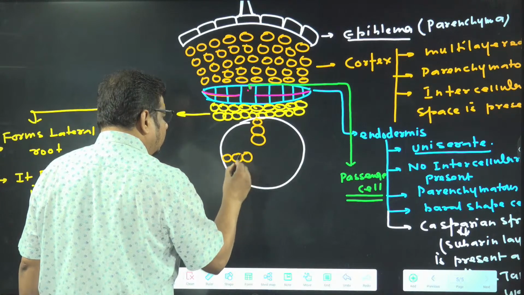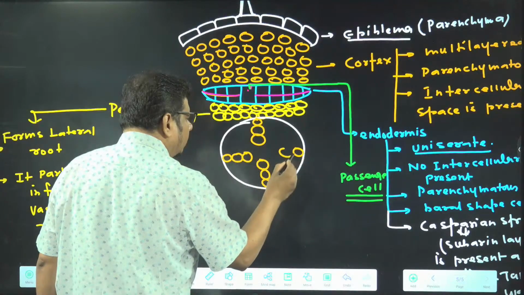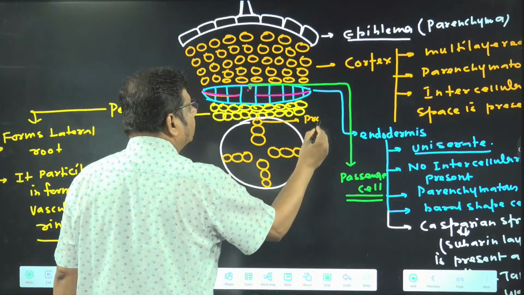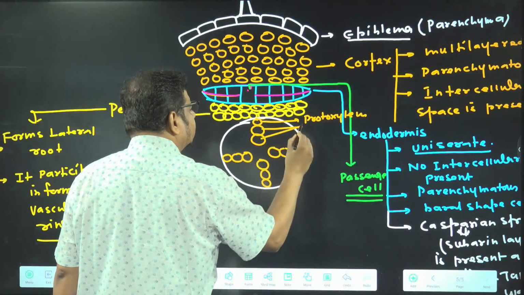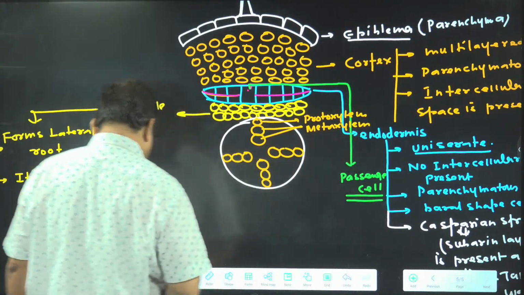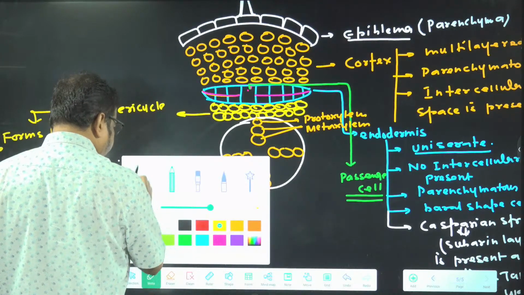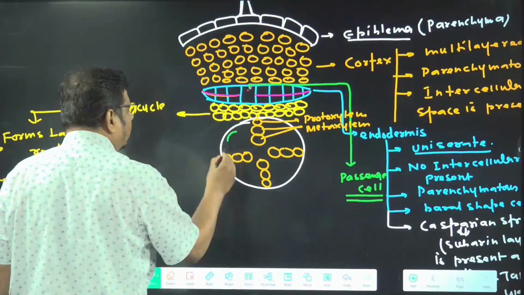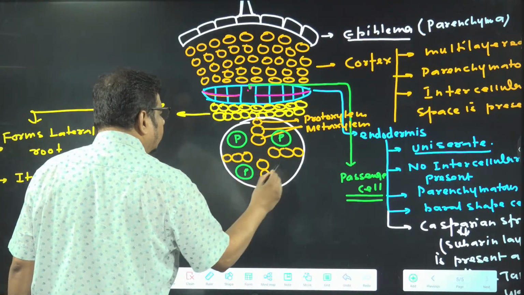I am just labeling protoxylem, and these are basically metaxylem. So xylem is arranged like this. Between two xylem, who is there? Phloem is there. So look here, phloem, phloem, phloem, and phloem.